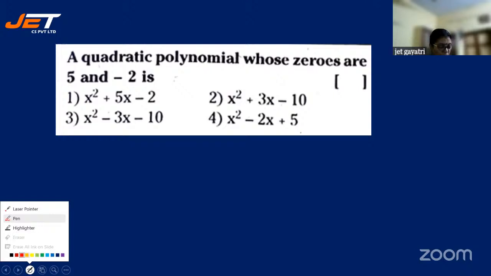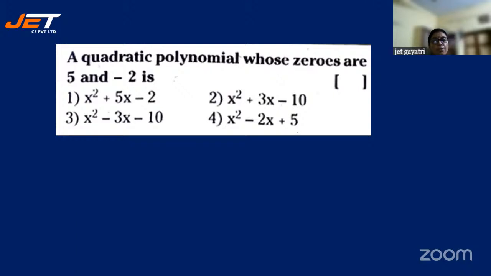Alright, so now see here, a quadratic polynomial whose zero is 5, which means that it should be x minus 5. Then the other one, it should be x plus 2. So you just have to multiply. Is it clear? If it is plus 5, it becomes x minus 5. If it is minus 2, it becomes x plus 2.